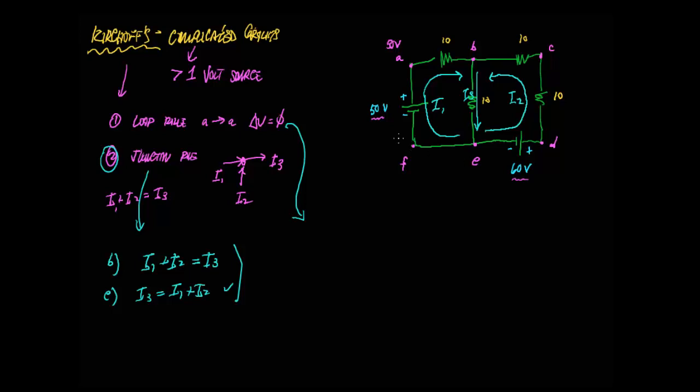We're going to go from F to A, then to B, then I come down to E, and then I go back to F. So I'm looking at this left loop right here.